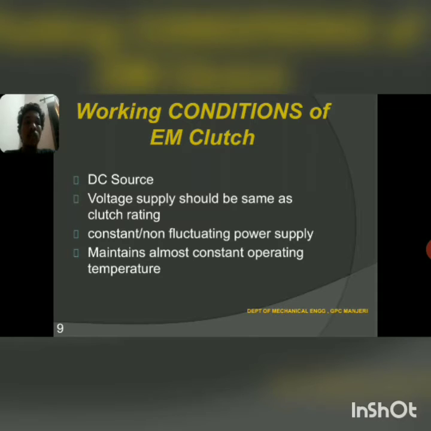Working conditions of the electromagnetic clutch: the DC source voltage supply should match the clutch rating, with a constant or non-floating power supply, which maintains an almost constant operating temperature.